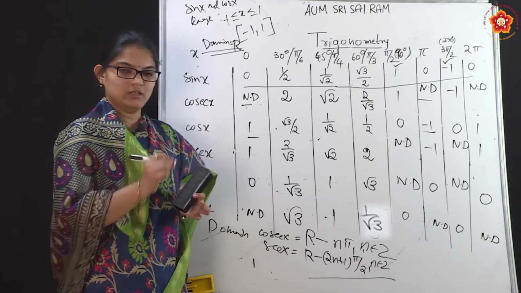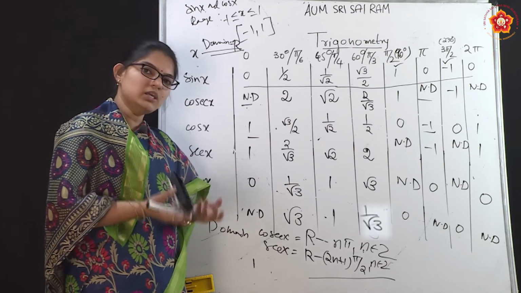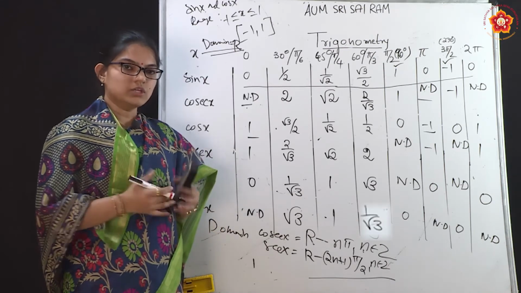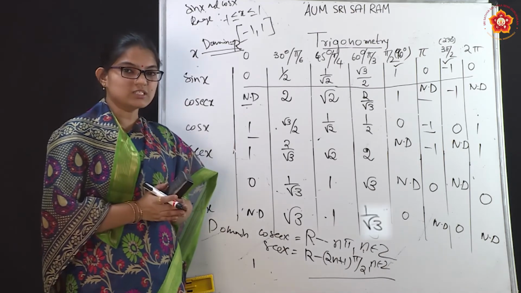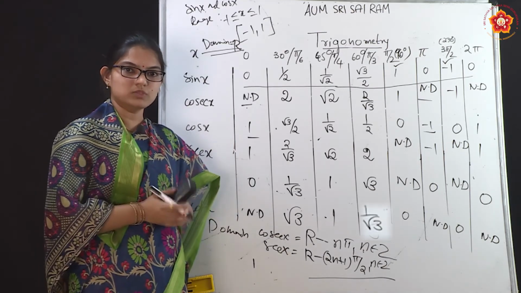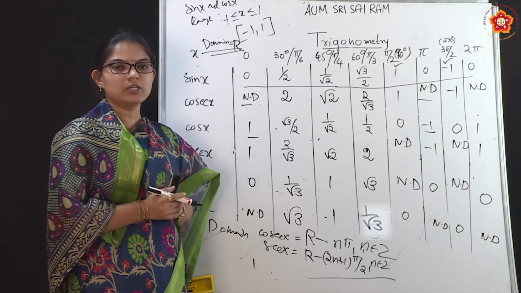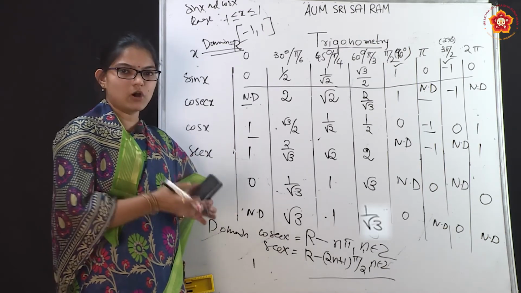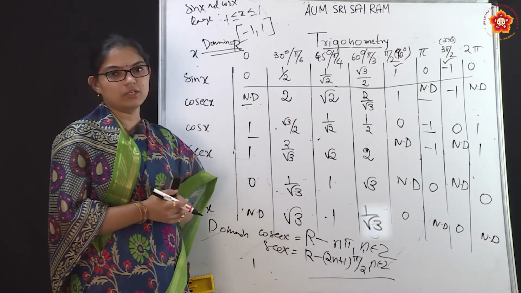For that we denote it as infinity, and it can be plus infinity or minus infinity. When it is plus infinity, it is a very large number which we don't know. If it is a very small number, the smallest number which we don't know, we represent it as minus infinity.